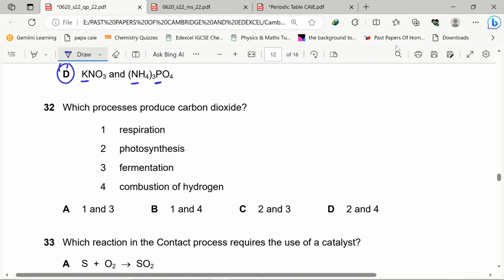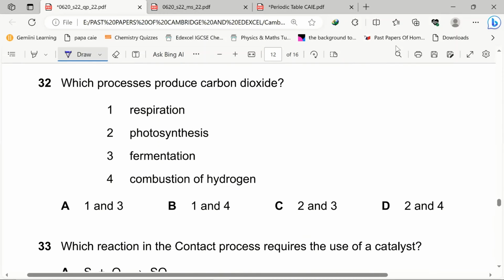Number 32, which processes produce carbon dioxide? So carbon dioxide, respiration, we respire and the plants respire, means we burn glucose to form carbon dioxide and water. So this is correct. Photosynthesis, which process should use carbon dioxide? In photosynthesis, carbon dioxide is consumed.